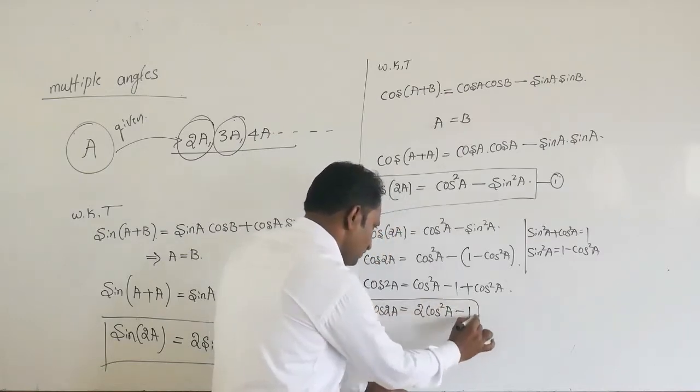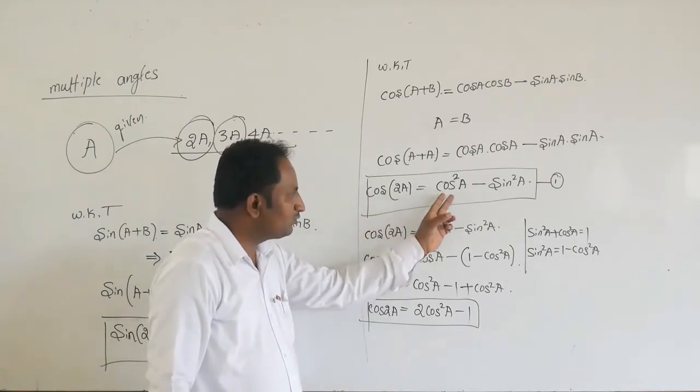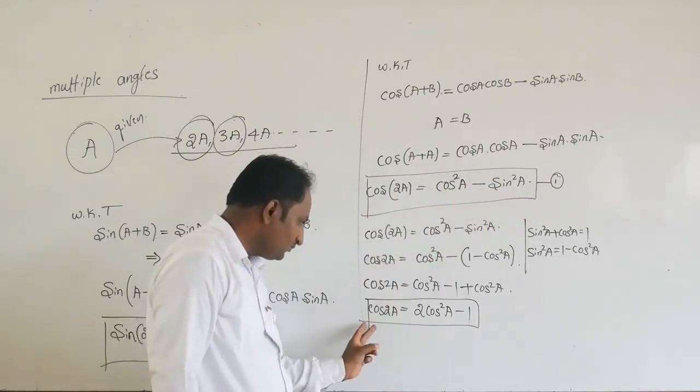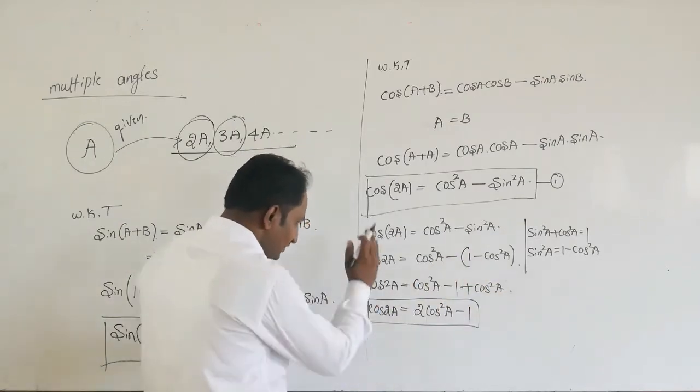Here this is also a very important form. Cos of 2A is equal to cos square A minus sin square A is one formula. Then cos of 2A is equal to 2 cos square A minus 1 is another formula.